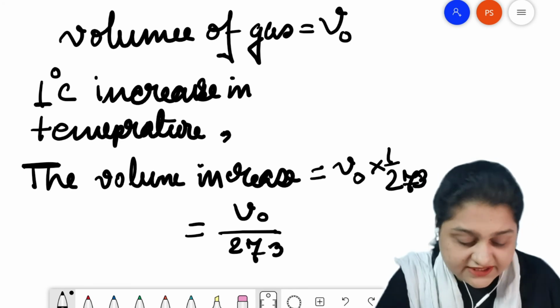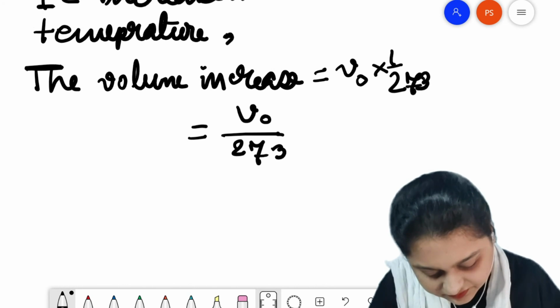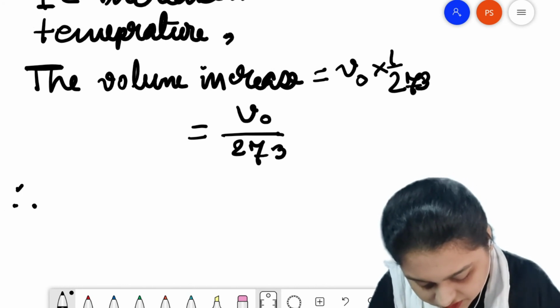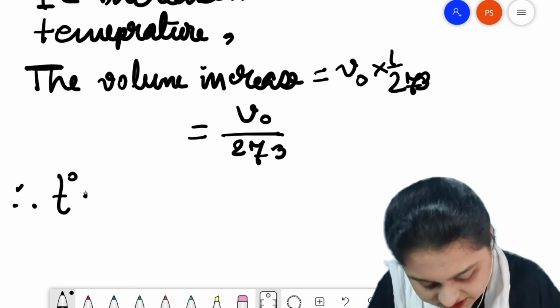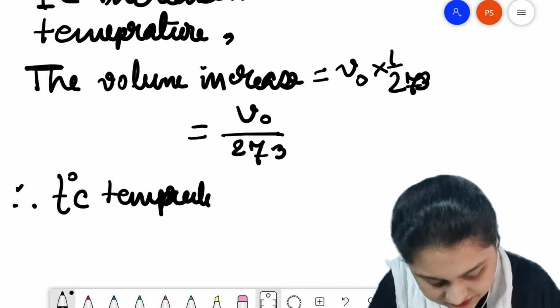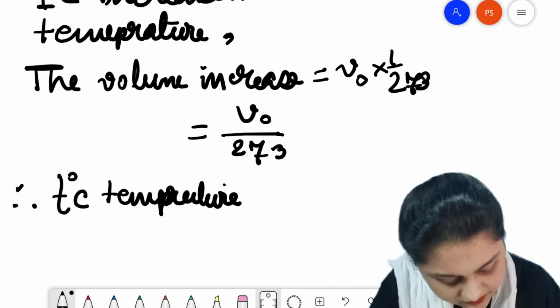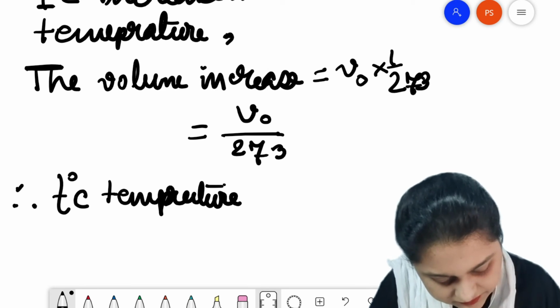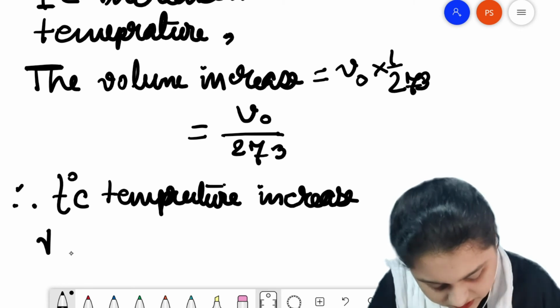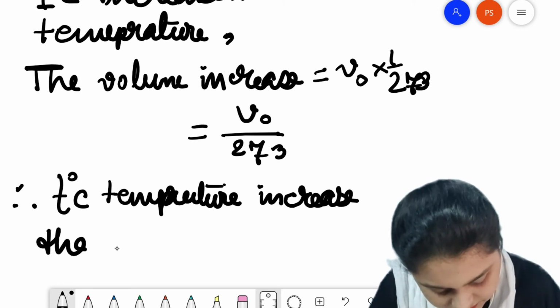amount of volume will be increased after 1 degree Celsius temperature increase. If T degree Celsius temperature is increased, therefore for T degree Celsius temperature increase, the volume will increase.